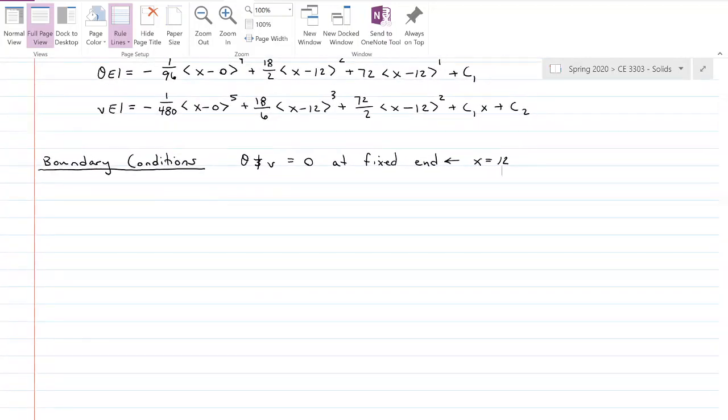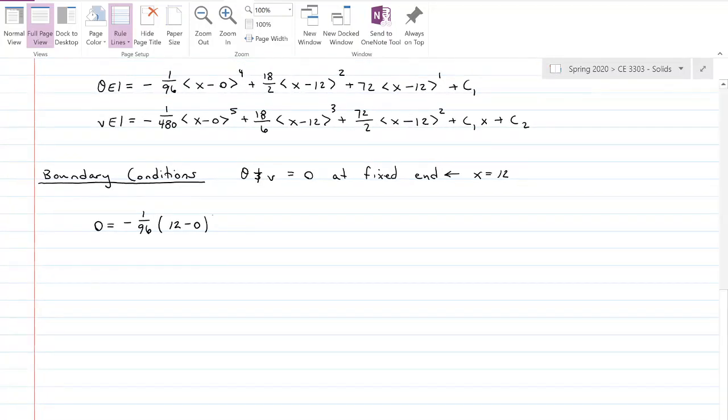So solving for slope first, because that's only one unknown, I have 0 equal to negative 1 over 96 times (12 minus 0) to the fourth. Notice how I have normal parentheses now because we're plugging in a value that is greater than a. Then plus 0 because 12 is equal to 12, plus C1. We will find that the constant of integration C1 is equal to 216.